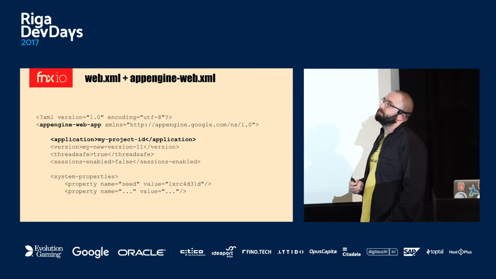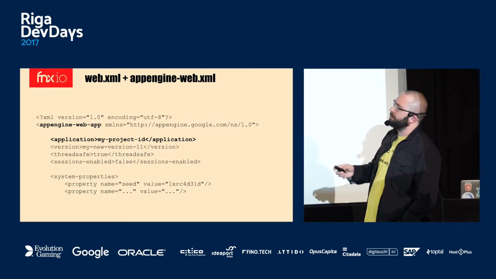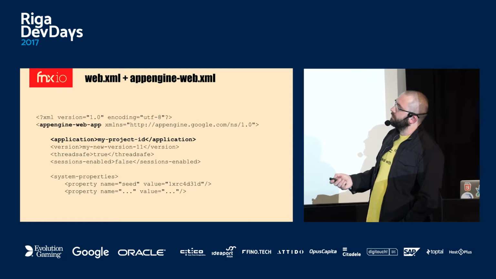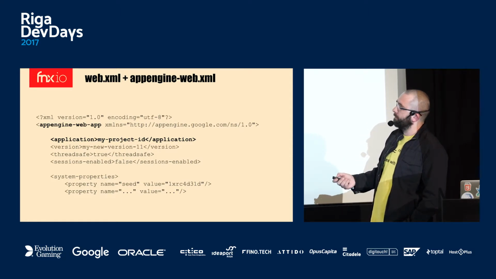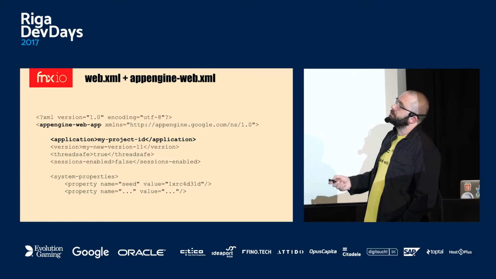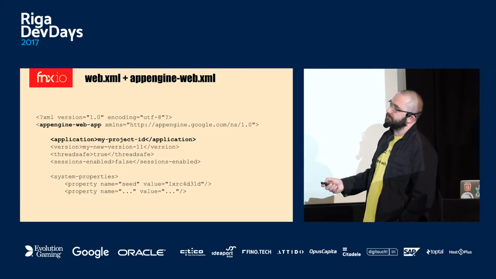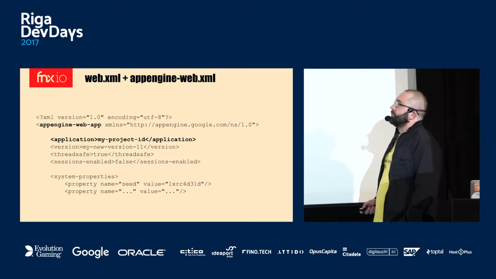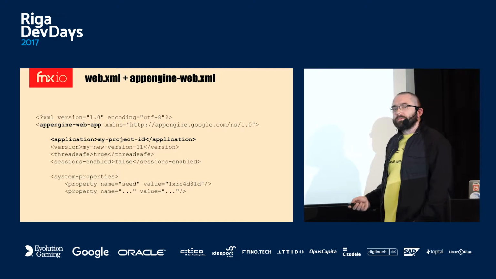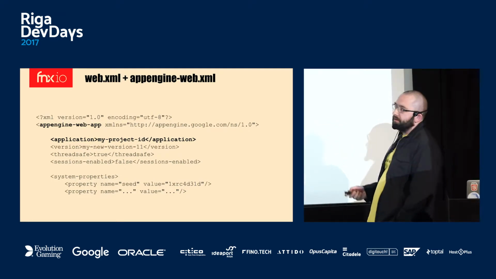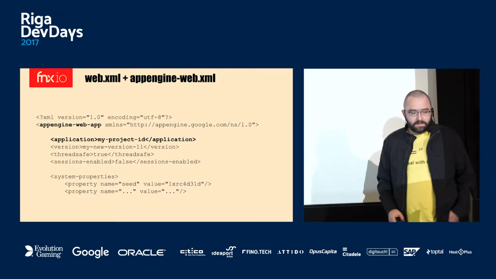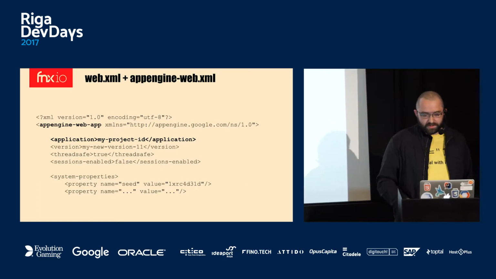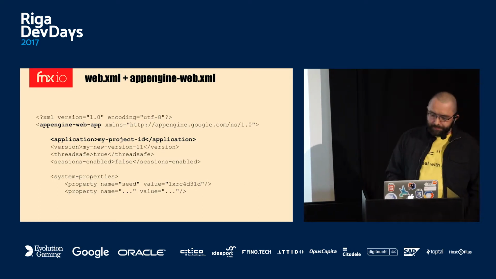It's like a vendor-specific deployment descriptor. You will say your application ID. You can say your version. This is completely up to you. Just write whatever you want here, as long as it is a string. And you can set up system properties, environment variables. And maybe you will need them to, I don't know, tweak your behavior as possible.